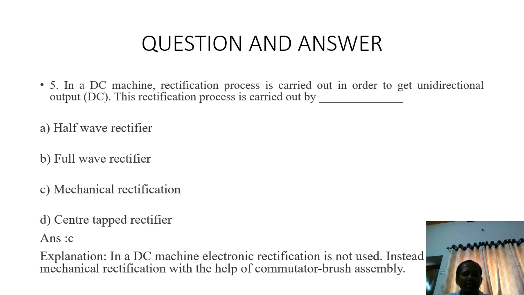In a DC machine, the rectification process is carried out in order to get unidirectional output DC. This rectification process is carried out by which? Excellent, the question is most important.